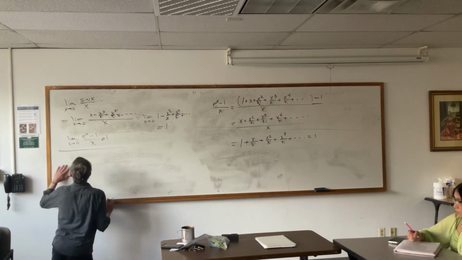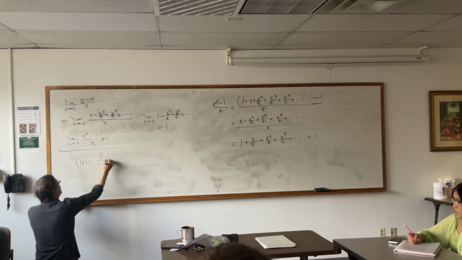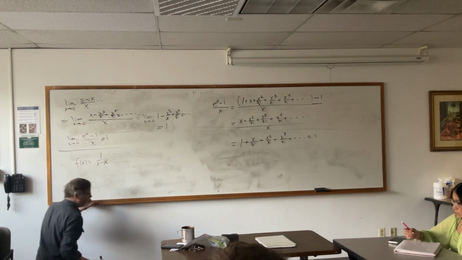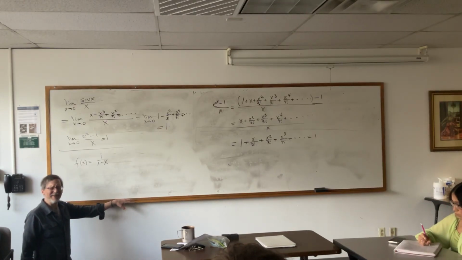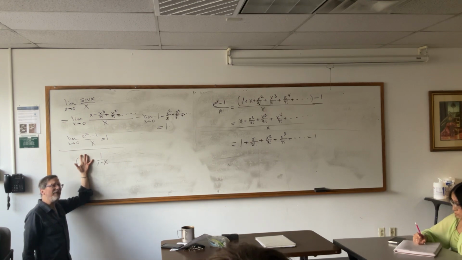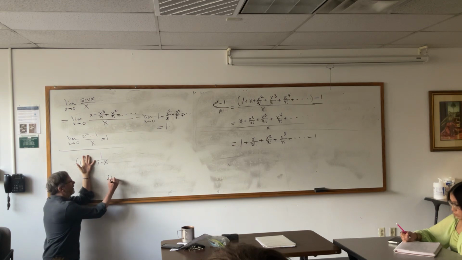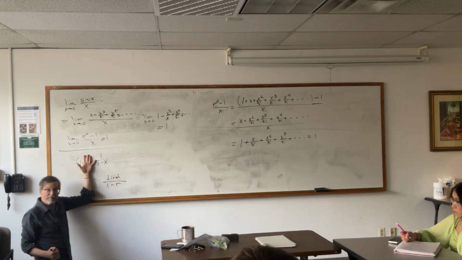All right, so last one. What is the Maclaurin series for that? We talked about this, do you remember? What is that the sum of? Looks like the sum of an infinite geometric series, right?